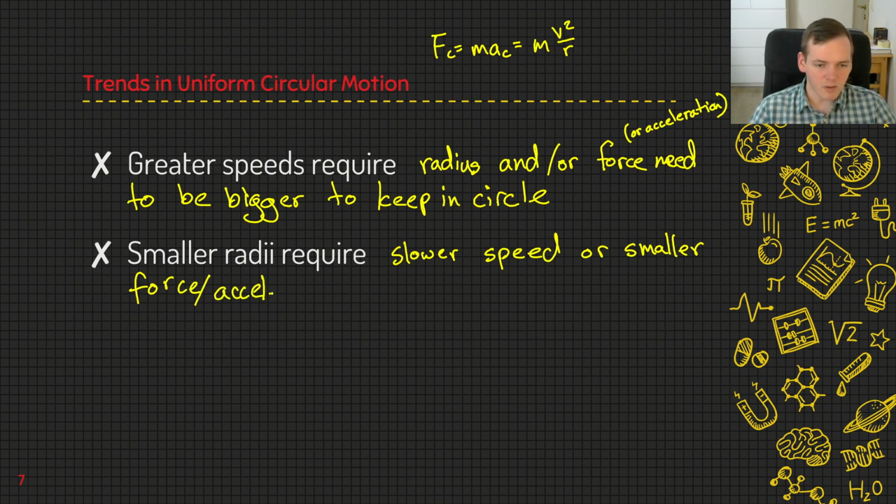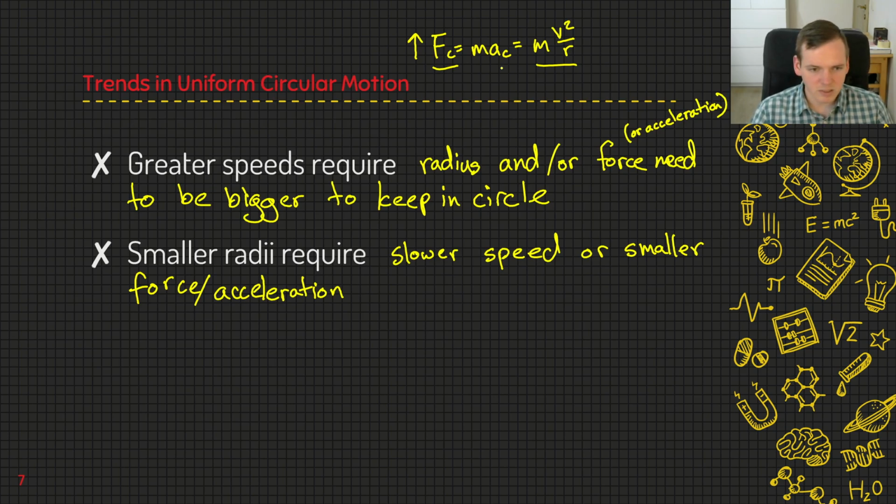And there's all sorts of other combinations you can talk about here. If you want to have the centripetal force be larger, then you might have to increase the velocity or decrease the radius. It's all about looking at these relationships and just imagining if F_c is going to get bigger, what can I change on the right side here to make this thing bigger? And that's just what we're looking at here, is broadly kind of big figures.